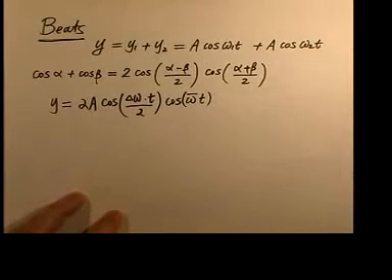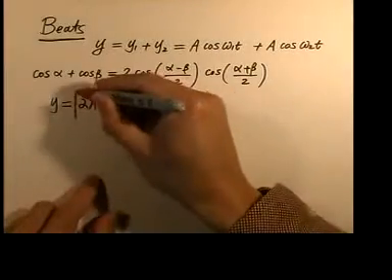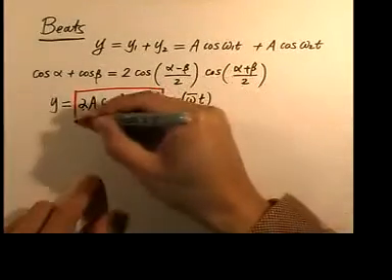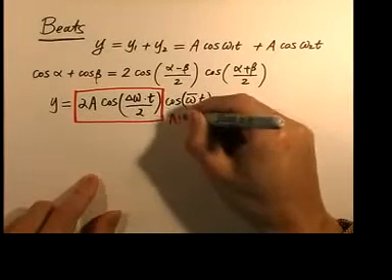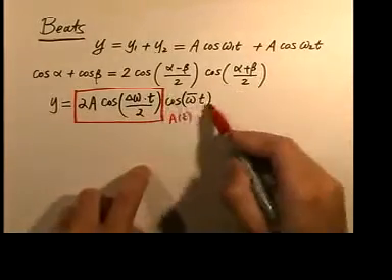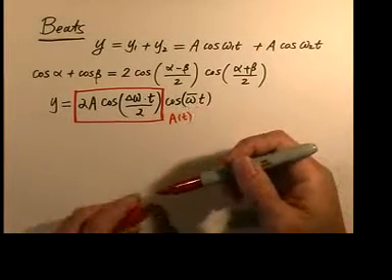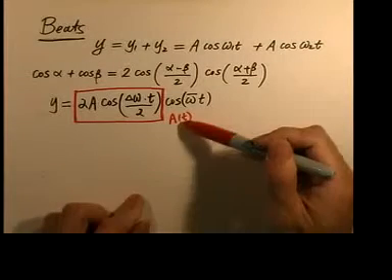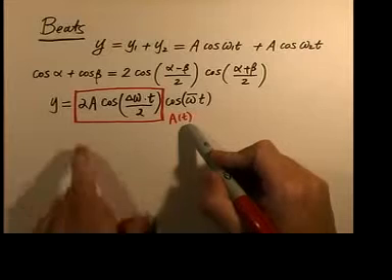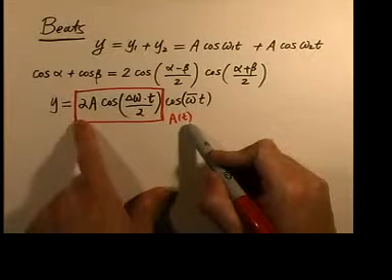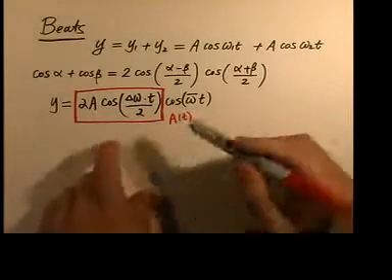So what we can effectively do is to think of this whole thing as a time-varying amplitude, A(t). So this basically is an oscillation of a cosine function with the average angular frequency, but its amplitude changes over time, or we say it is modulated over time with a slow time-varying function, cosine of delta omega t over 2.